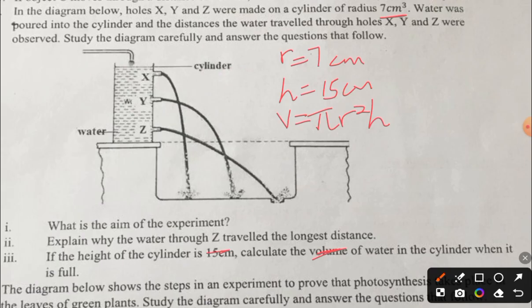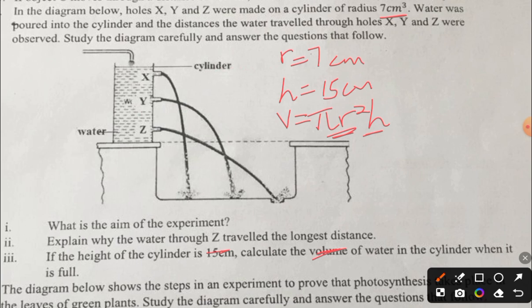From pi r squared, that's the area of the circular part in the lower part of the cylinder. And this is an open cylinder. We have one side open. So if you have one side open, it means that you find the area first, then multiply by the height, which is the 15.